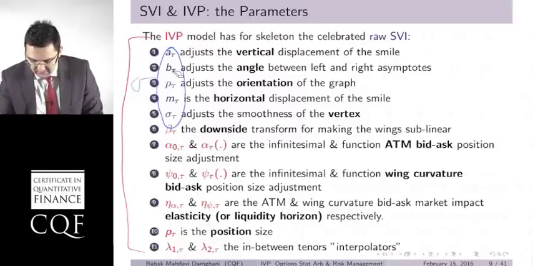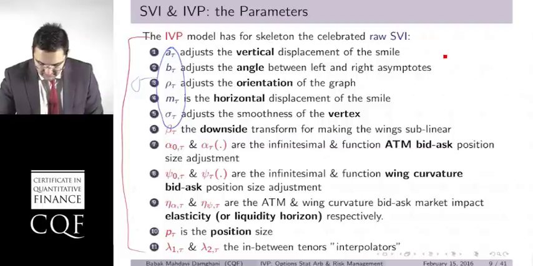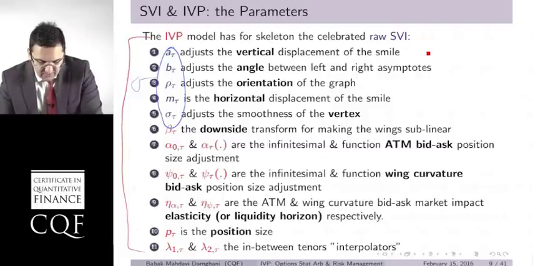For the sake of creating a bit of jargon immediately, let's say that a here is the vertical displacement. b is sometimes called the vol of vol, or the angle between the left and the right asymptotes.